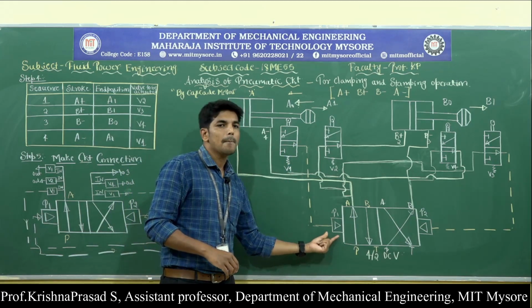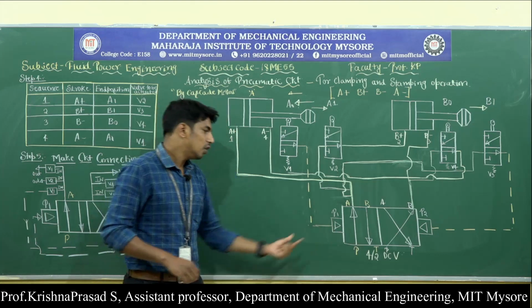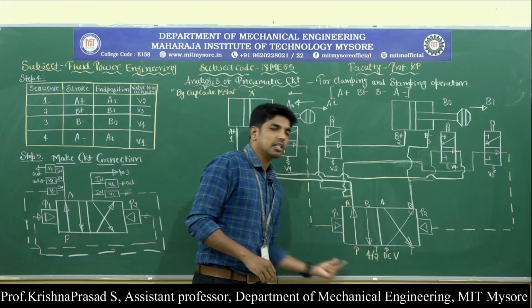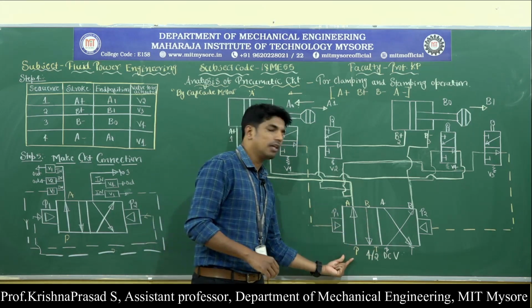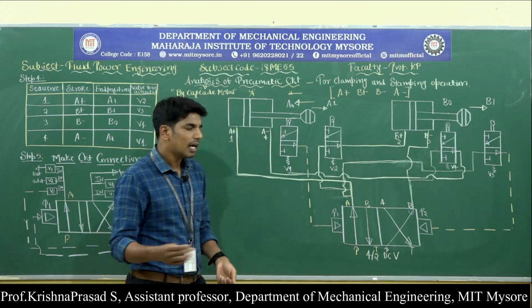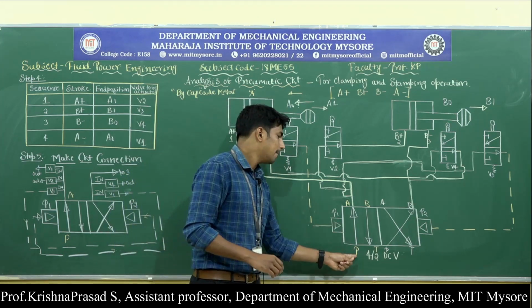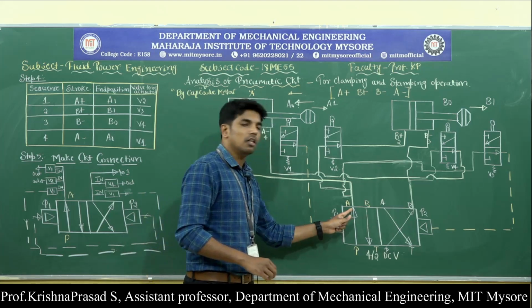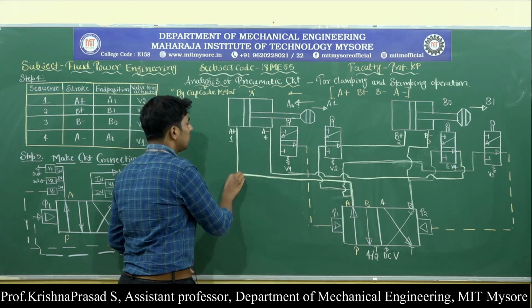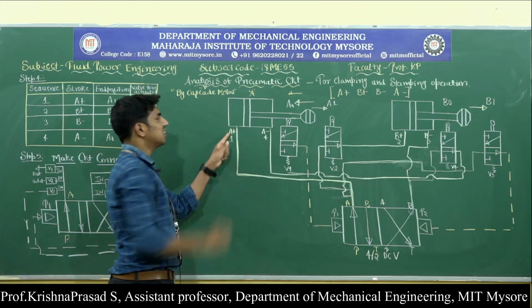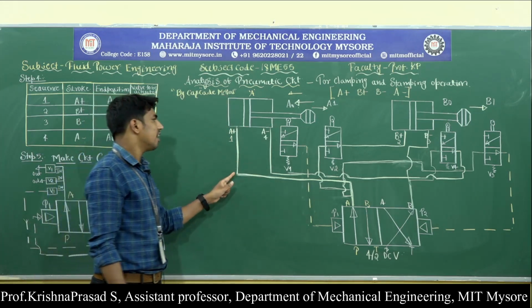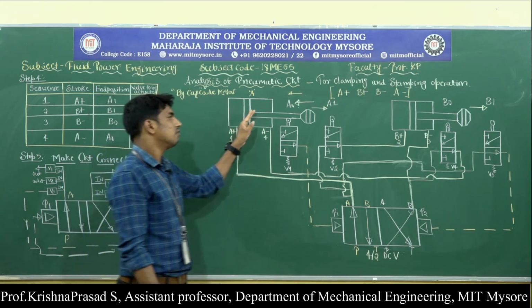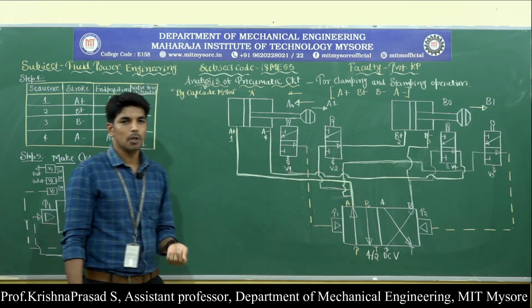Here it actuates the pilot signal P1. Due to the actuation of pilot signal P1, the 4/2 direction control valve switches over to the normally open position, so that the connection is made from P to A and B to T. Hence the pressurized air now flows from valve V1 to port 1 of cylinder A. When the pressurized air enters port 1 of cylinder A, extension of cylinder A takes place.